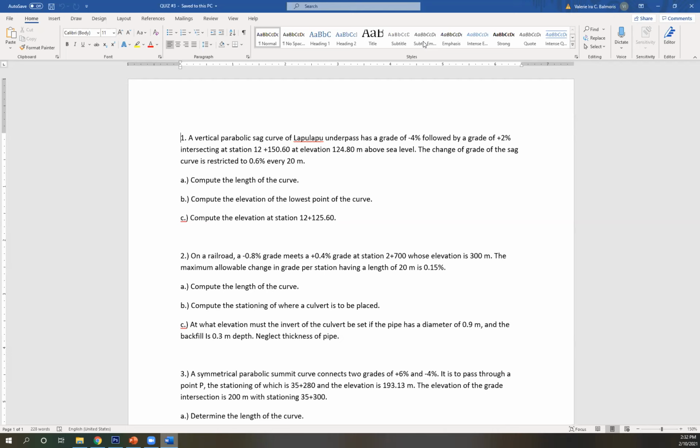So similar to your quiz number 1 and 2, your simple curves and then your reverse and compound, whenever you're given degree of curve, you can compute for radius. Here, for parabolic curves, whenever you're given change of grade restriction, you can immediately get your length of curve. So change of grade 0.6% every 20.